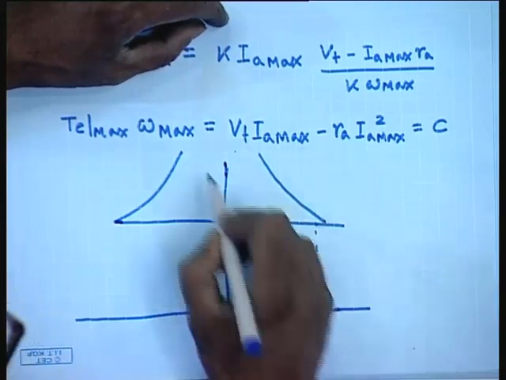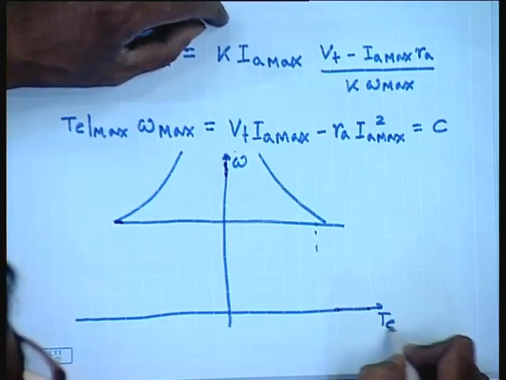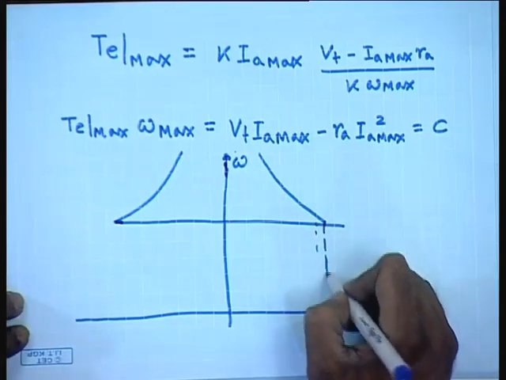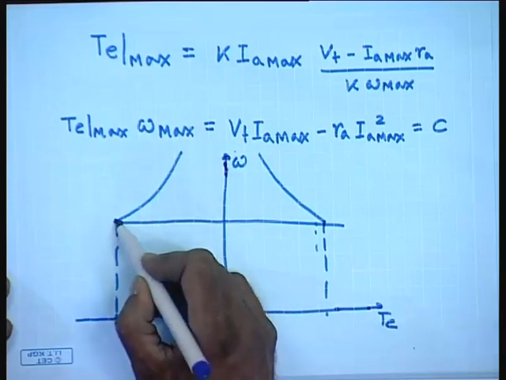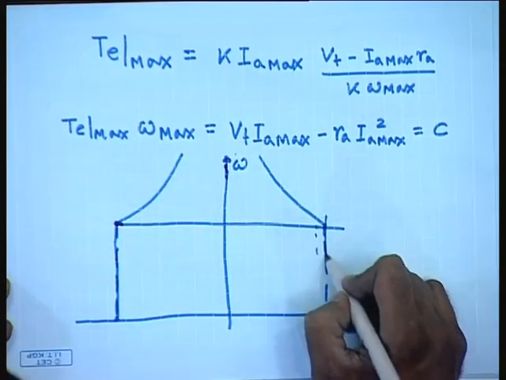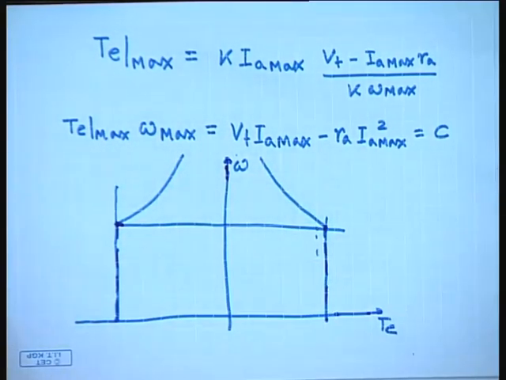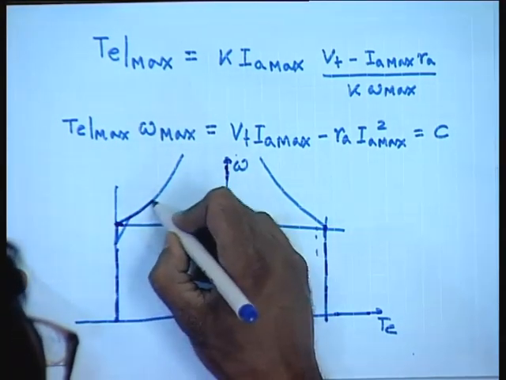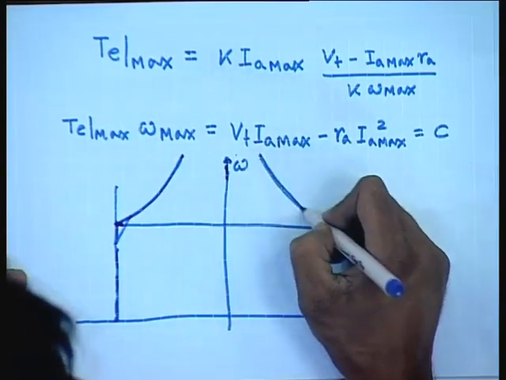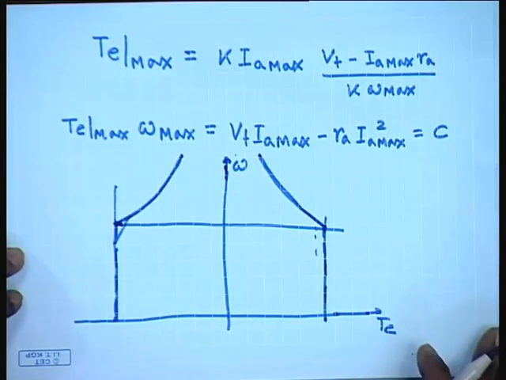So, the operating point, the machine must be operated bounded by these two vertical lines which indicate the armature current limit and this rectangular hyperbola, which are restricted again by armature current limit, but when the field flux is reduced below its rated value.